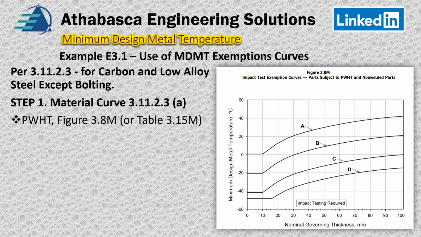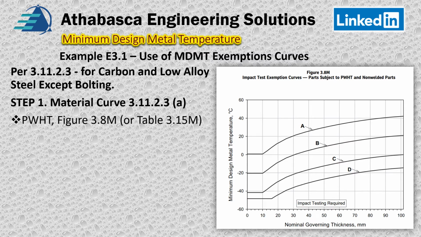And so we would use Figure 3.8M, which is the metric version in our example, or you can use Table 3.8, which is the imperial version, or you can use a tabulated form, especially if you're using spreadsheets, and you get more exact numbers. So very similar.